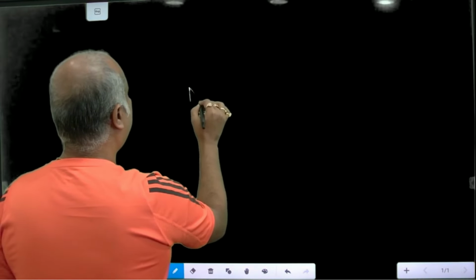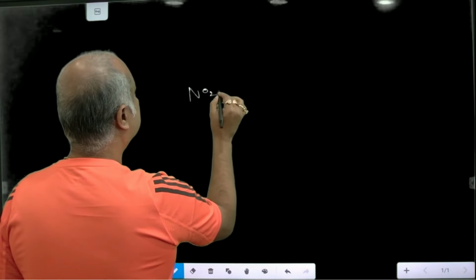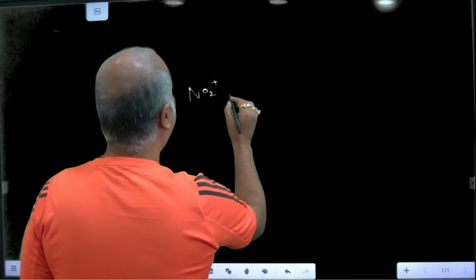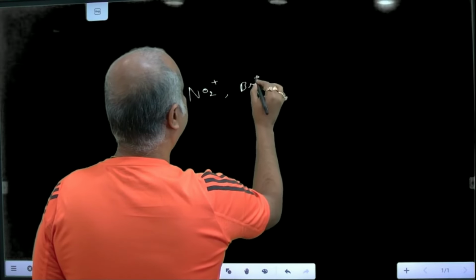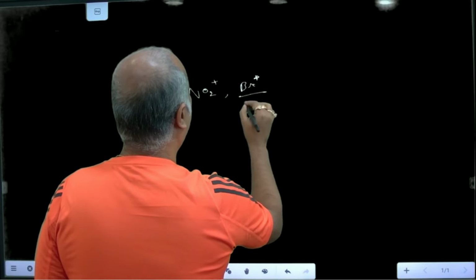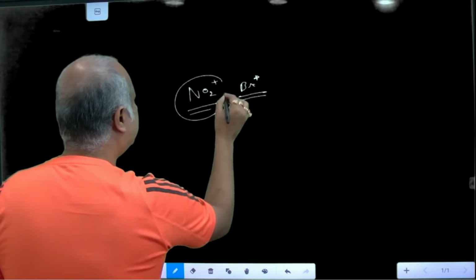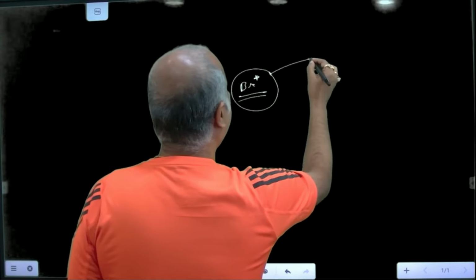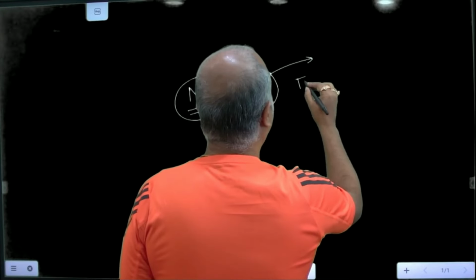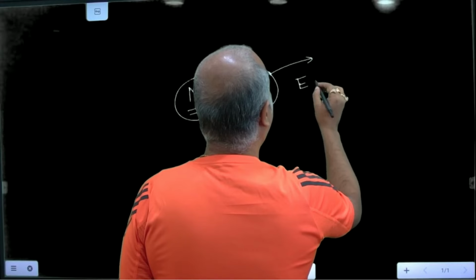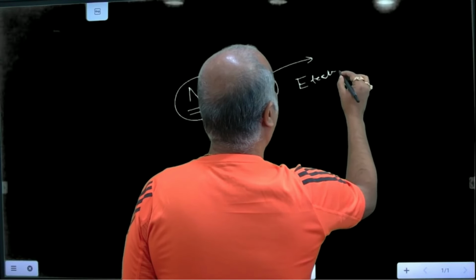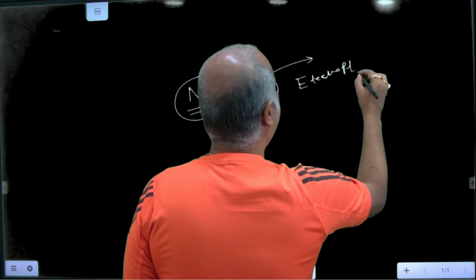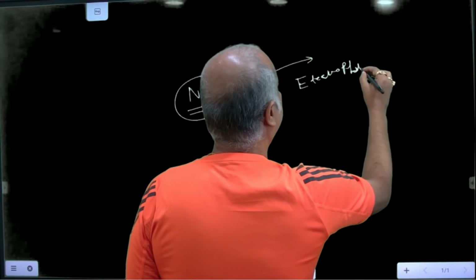Positively charged species, like NO2 plus and Br plus, act as an electrophile.